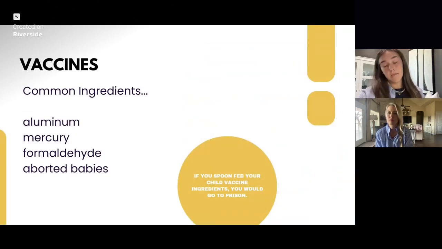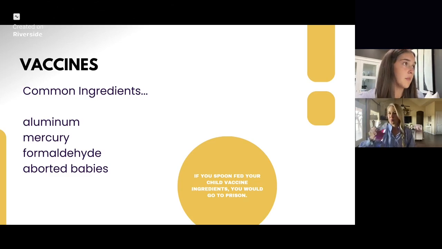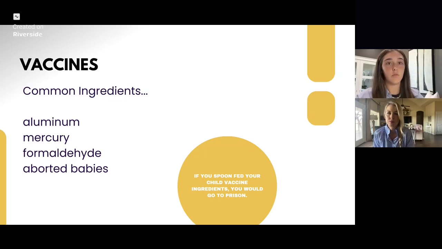So I'm not sure, I suppose not everyone is aware of some of these common ingredients, but these are found in, I would say, most, if not all, vaccines. At least one or all of these ingredients. So first we have aluminum, mercury, formaldehyde, and aborted babies.